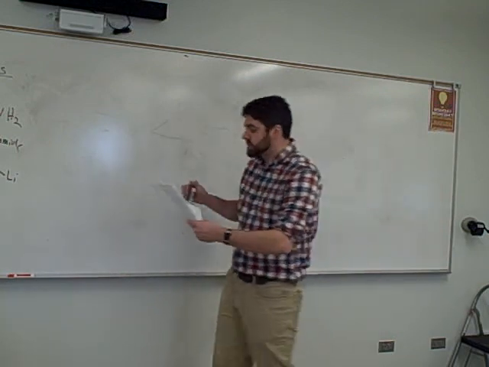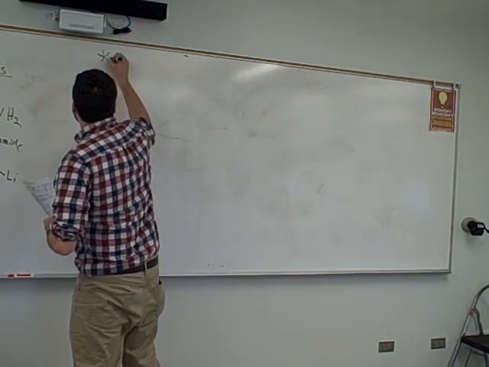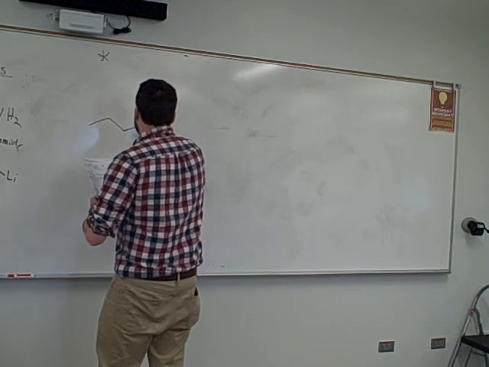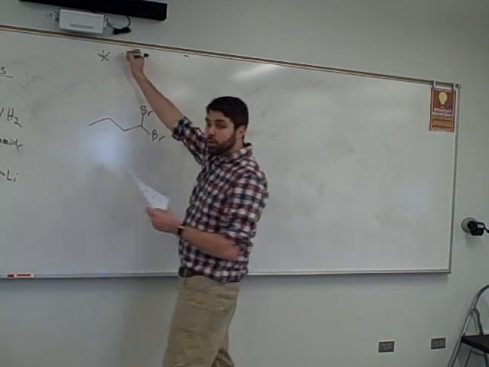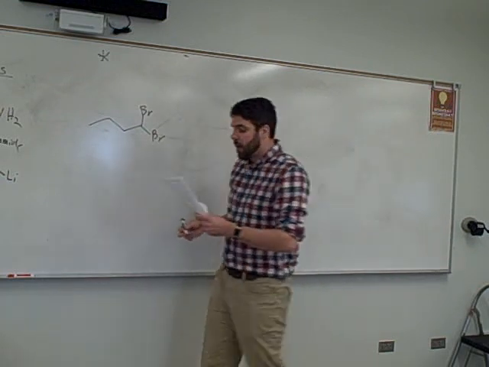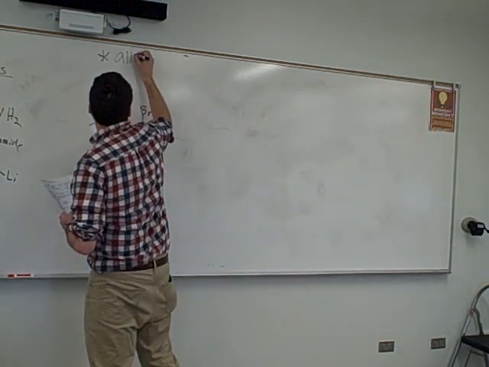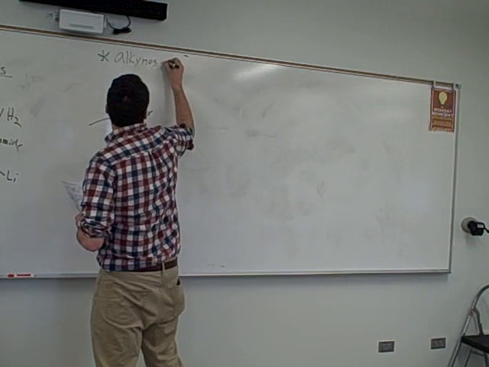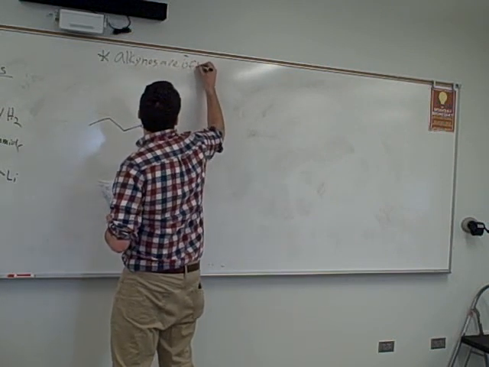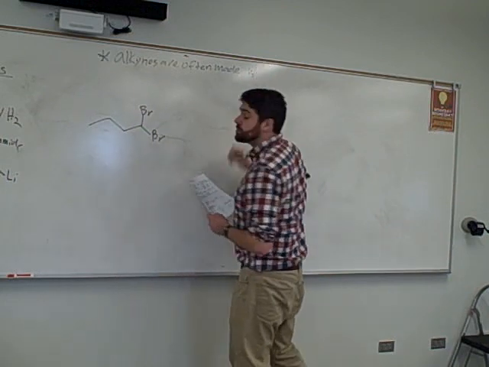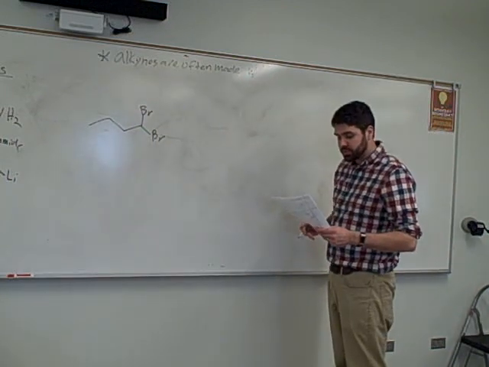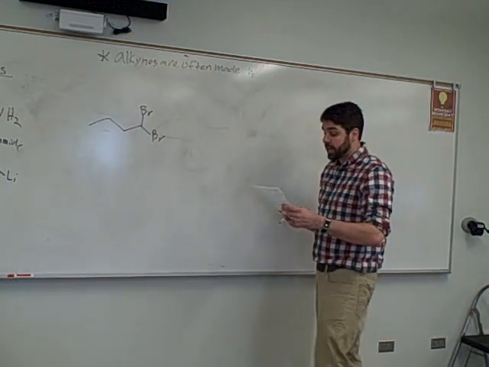And so an example of this would be the elimination from this dibromide here. And so we'll title our notes here, alkynes are often made with 2 successive deprotonations from a geminal or vicinal dihalide.